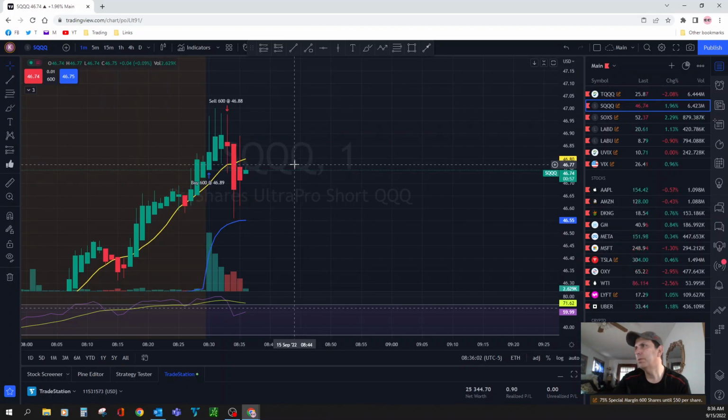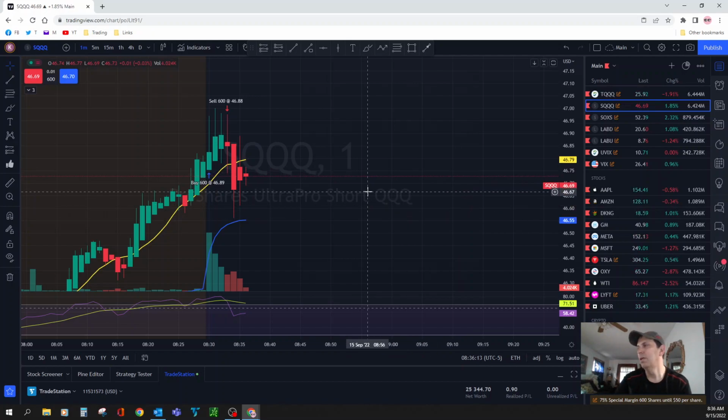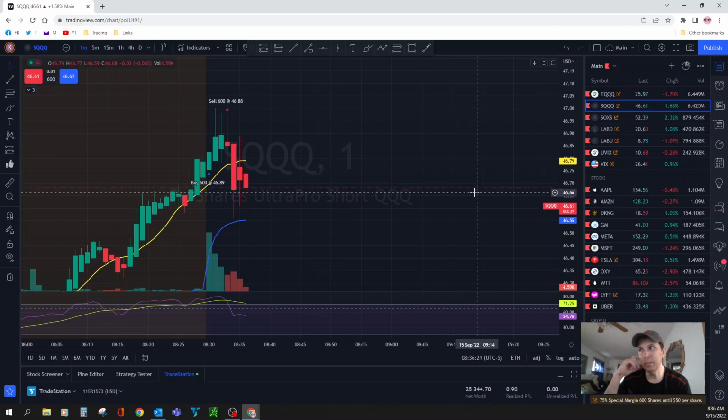Even though it's up, it's not a good looking chart. The VIX is up less than 1%, but that's sort of a market indicator that there's volatility. They even call it the fear index. The higher that goes, the more likely the market is to be trending down.